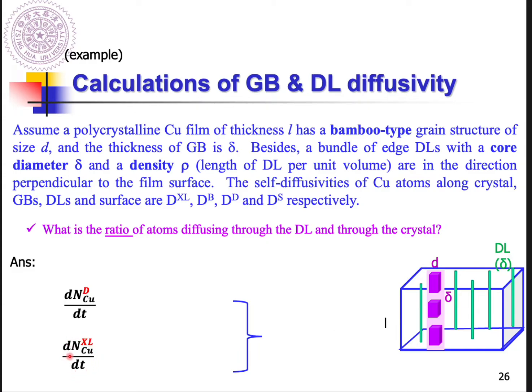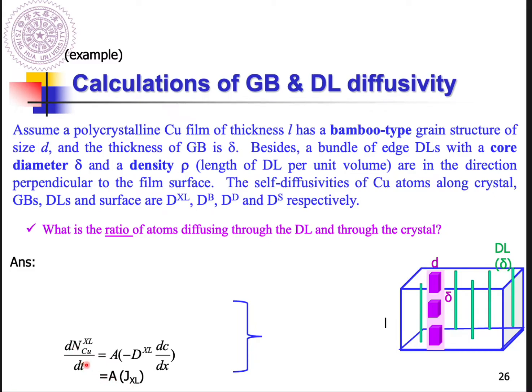This is the number of copper atoms diffusing through the crystal per dt. So dN/dt is what? It is similar to the flux times A. The flux of diffusing atoms through the crystal is defined as dN, the number of diffusing atoms per unit time per area.